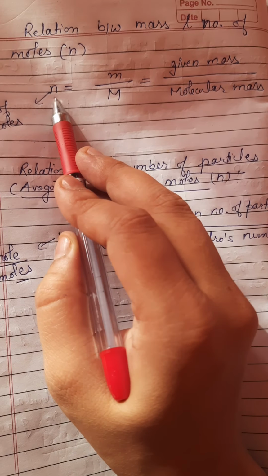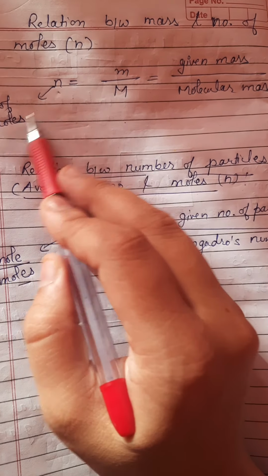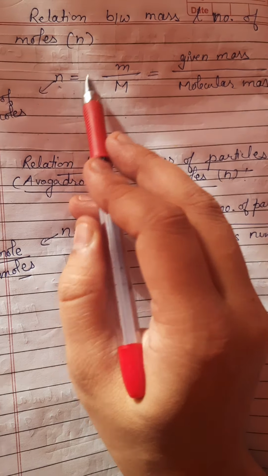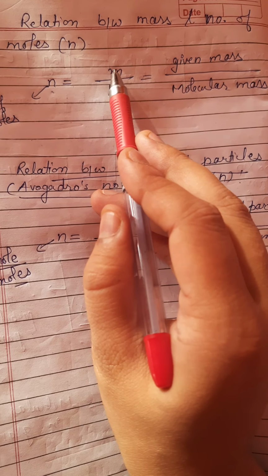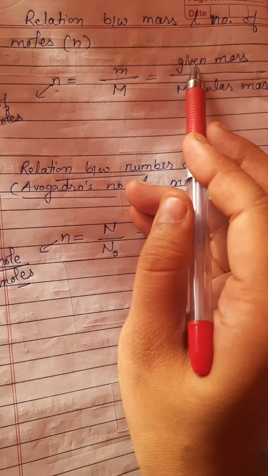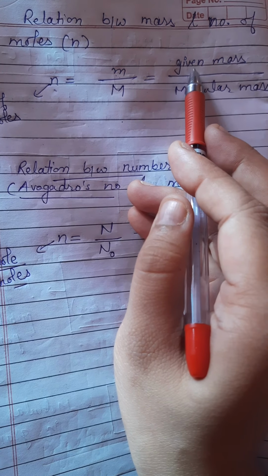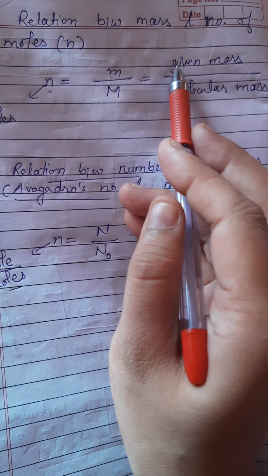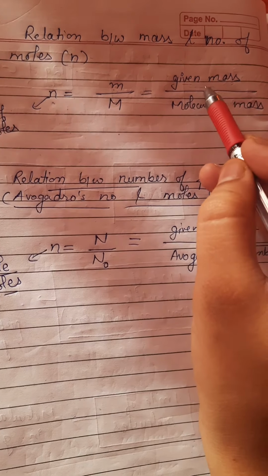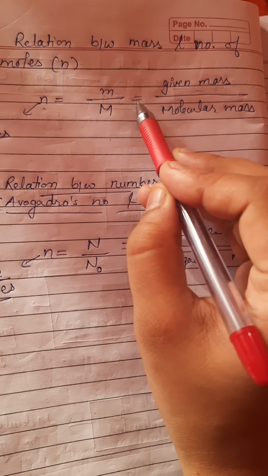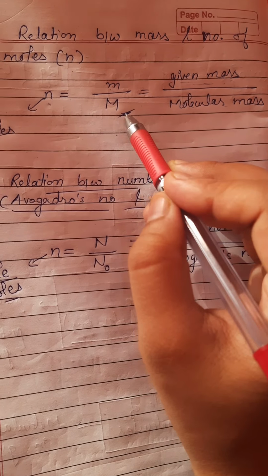We represent mole by small n. Number of moles, small n, is equal to small m, the given mass of an atom or the molecule. This number will be given in the question. Divide by the molecular mass.